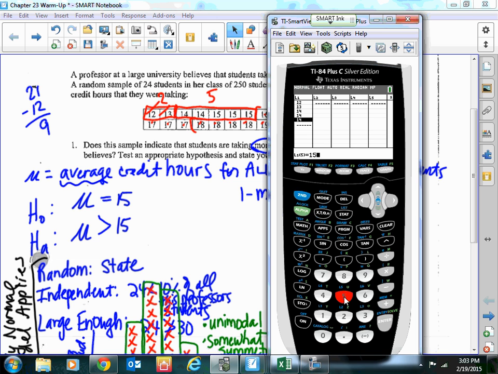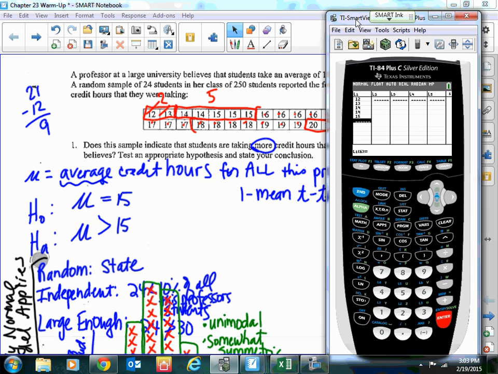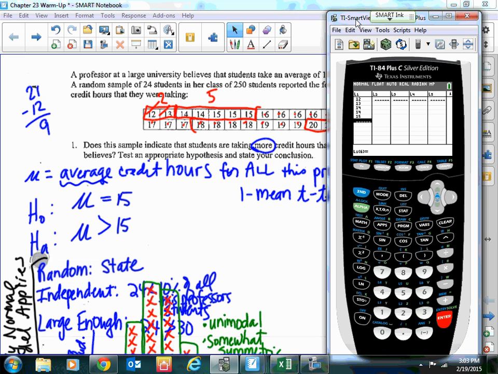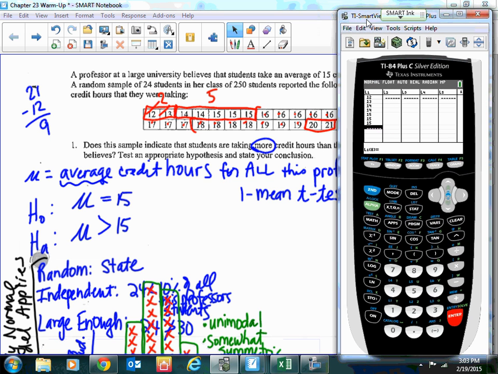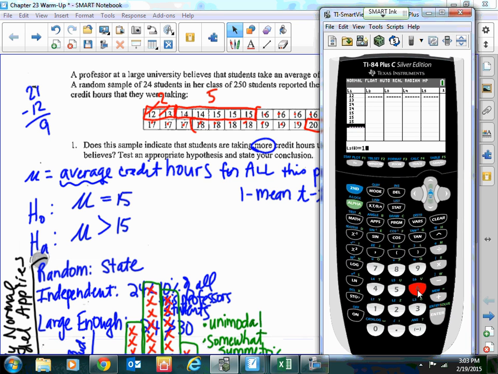14, 14, how many 15s are there? There are 3 15s. And how many 16s? Let's see, there's 1, 2, 3, there's 5 16s.